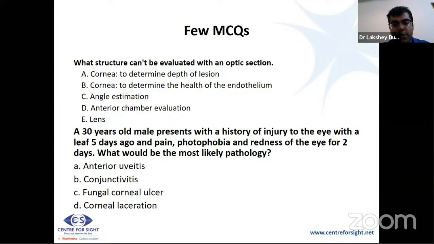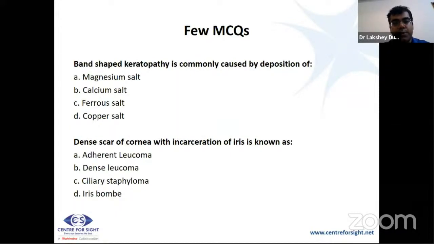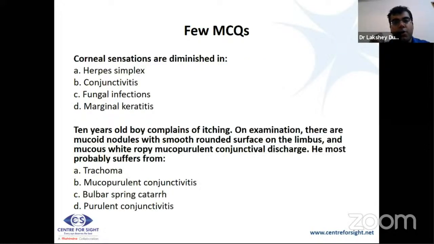Next is a 30-year-old male presenting with injury, complaining of pain, photophobia, redness, mostly is fungal corneal ulcer. Band keratopathy is due to calcium deposits. Dense scar with incarceration of iris, adherent leucoma. Corneal sensations are diminished in herpes simplex. 10-year-old boy complaining of itching, round plaque-like spots at the limbus, mucopurulent ropy discharge, it is vernal catarrh.